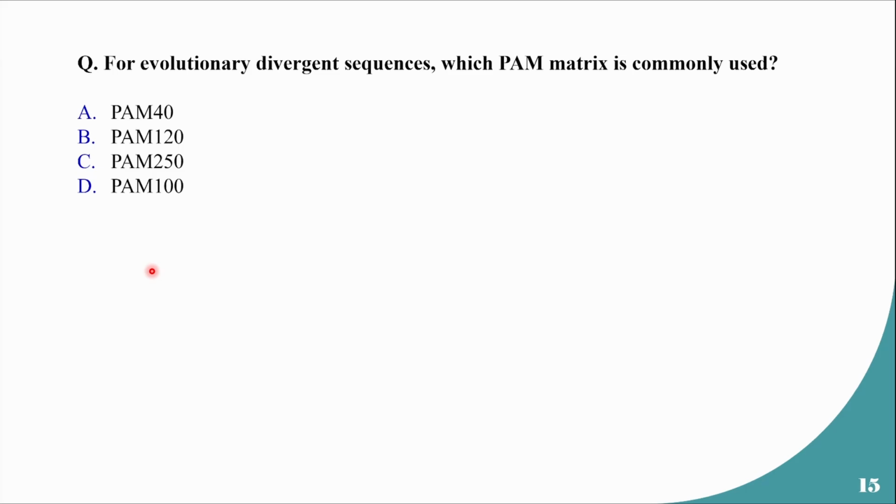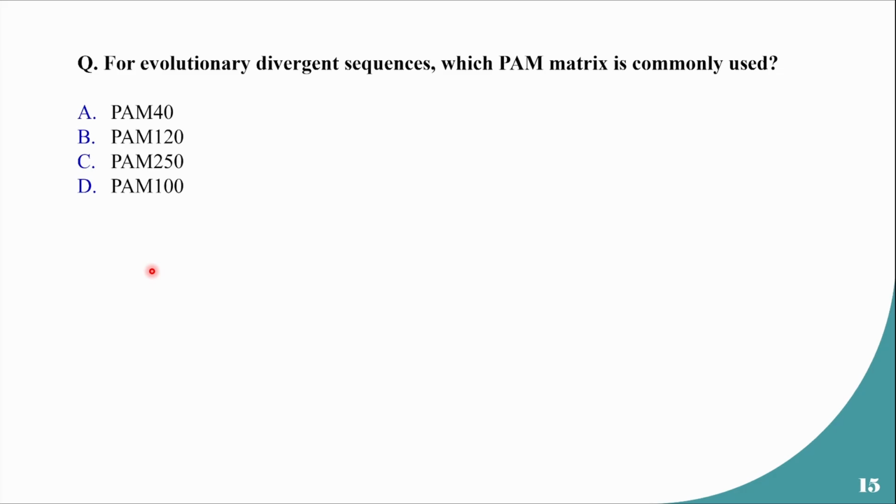Okay. So for evolutionary divergent sequences, which PAM matrix is commonly used? Try to answer in the chat and then we'll look at it. So I see one answer, positive score means mutation is more likely. Yeah, that's correct. That's the interpretation of the scores in the PAM matrix.